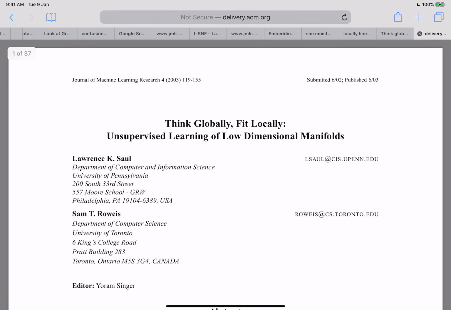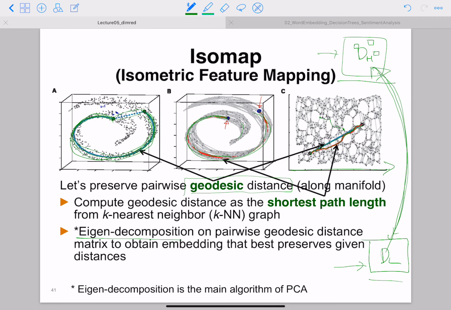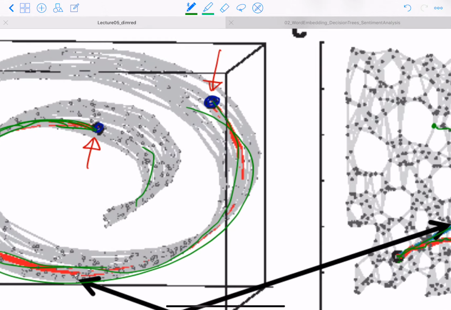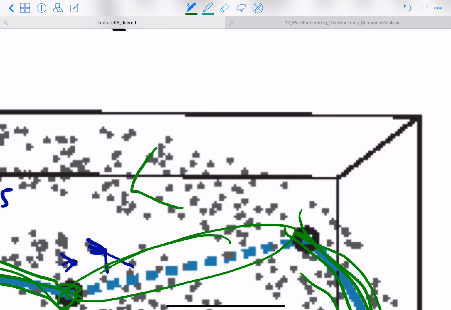So that is another popular manifold learning paper. Let me give a high-level overview of locally linear embedding. It is performed in this manner. We consider the local patch, using the k nearest neighbors.